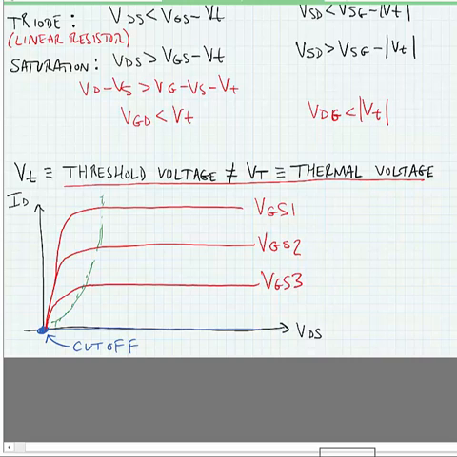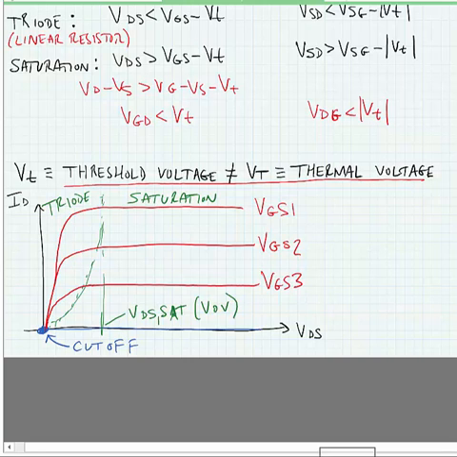When the drain to source voltage is low, this is the triode region. When the drain to source voltage is high, this is the saturation region. The voltage level that this happens at we commonly label as VDS sat, and sometimes we also call it VOV for V overdrive voltage.